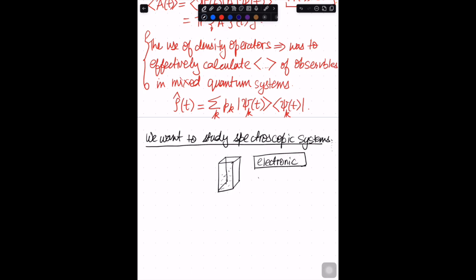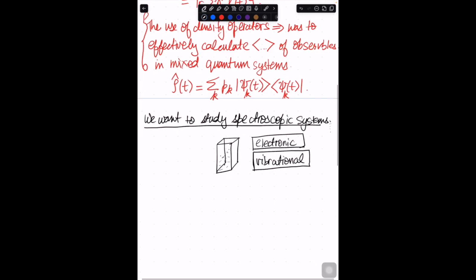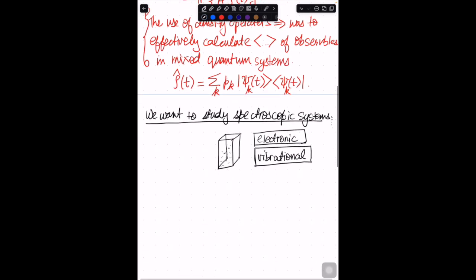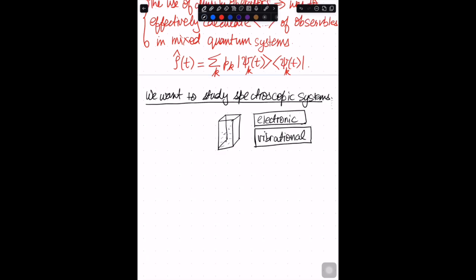And when you consider vibrational spectroscopy, your system, before any light fields are incident on it, should exist, unless the vibrational energy gap is too large, in a distribution of quantum states. So it should be a mixed quantum system. So, these mixed quantum systems predominantly exist in these spectroscopic ensembles.